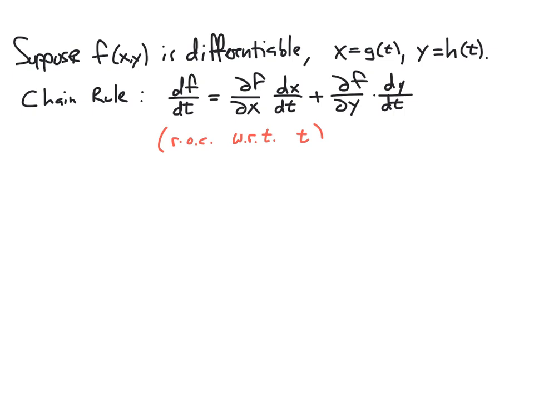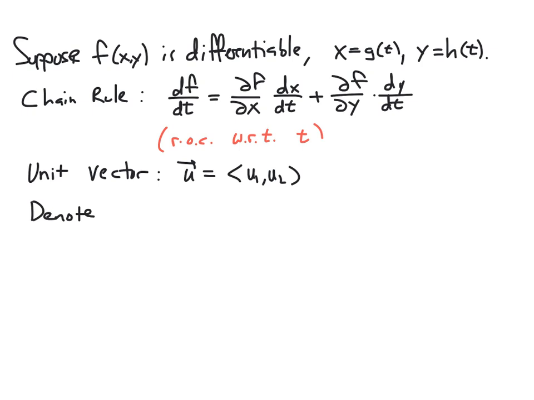In order to get a direction, we want to pick a unit vector in the direction that we're interested in finding the rate of change. I'm just going to call that u, and we'll call its components u1 and u2. Now we can actually write down what we want to compute.